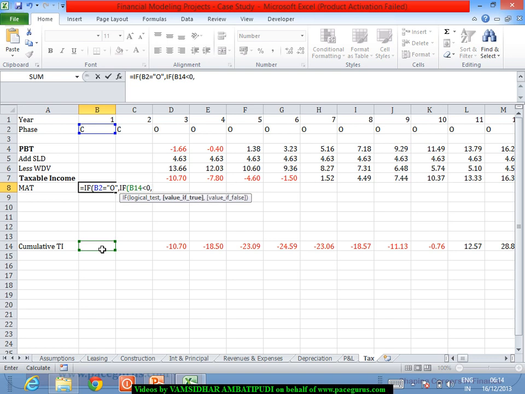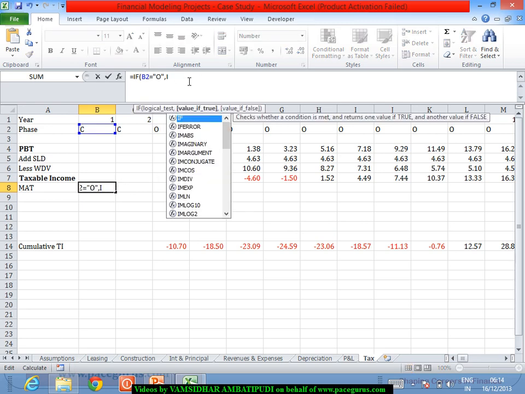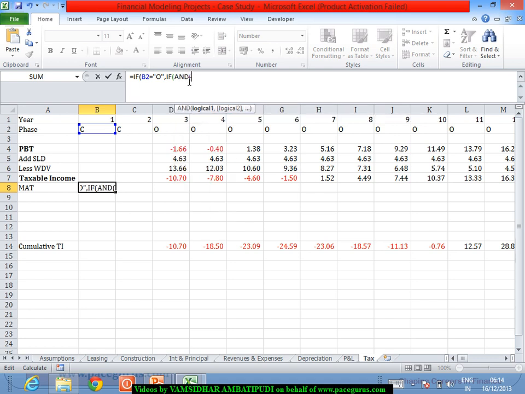If the cumulative taxable income is less than 0, or probably I can take the two rules, and I will take cumulative taxable income less than 0, comma PBT greater than 0.